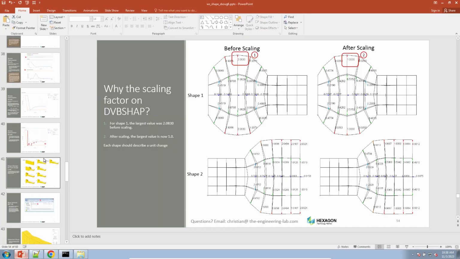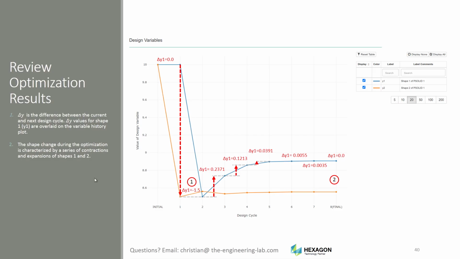So if I go back here to the PowerPoint, let's look at design cycle 1, if you will. After design cycle 1, the delta, if you will, is 0. There's no change in the shape. What happens after the first design cycle?